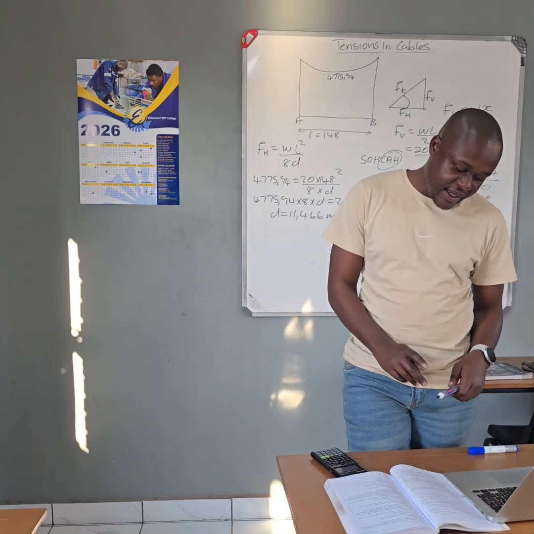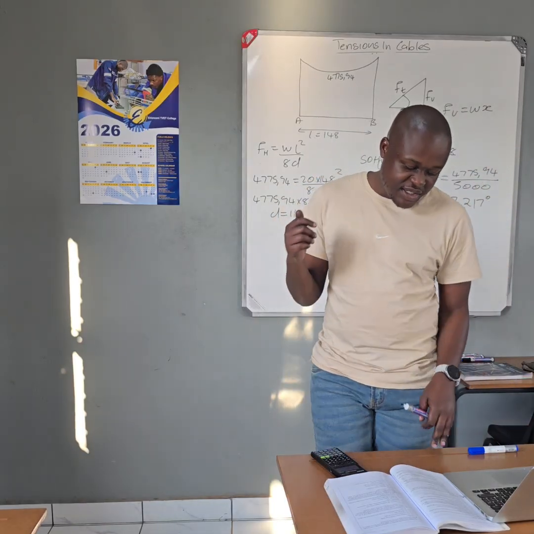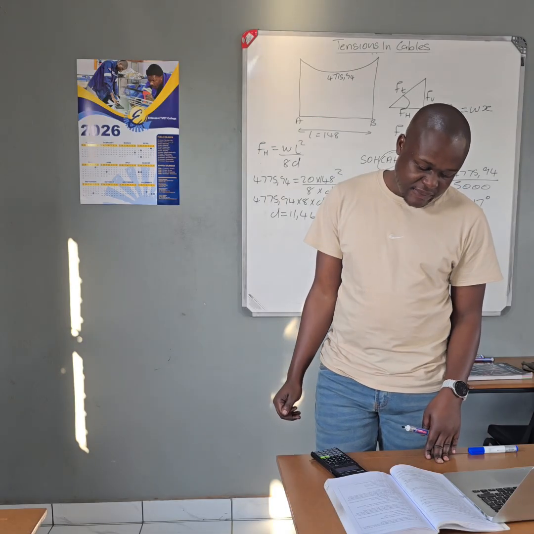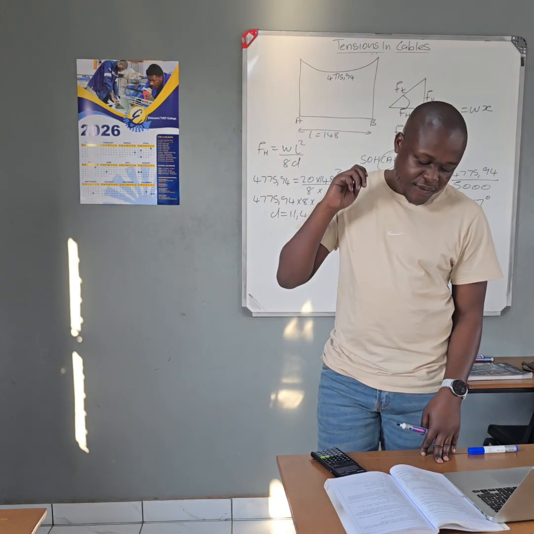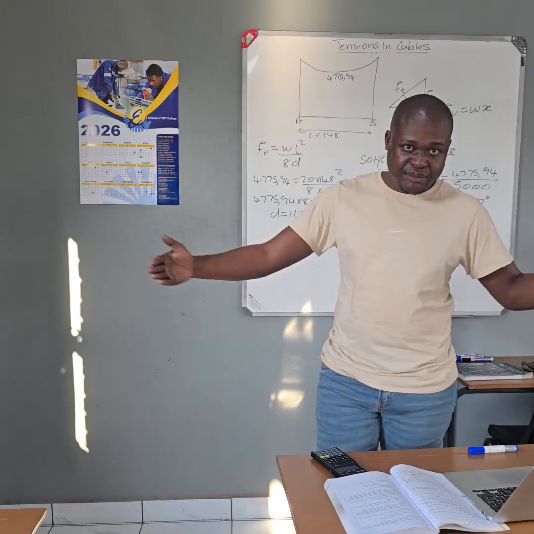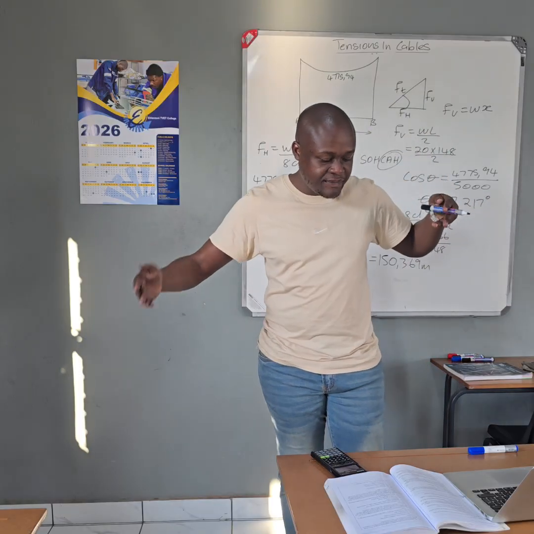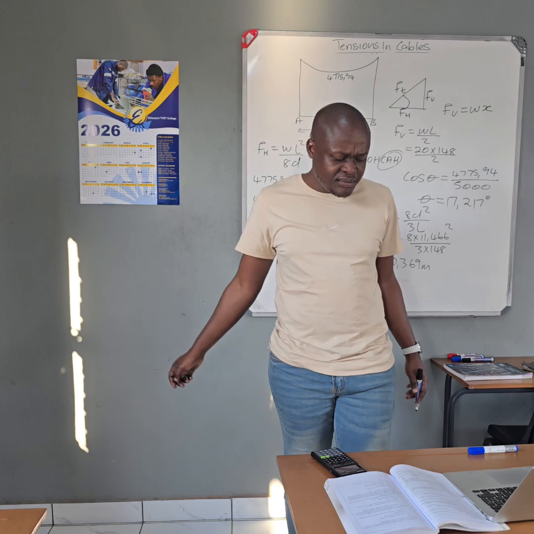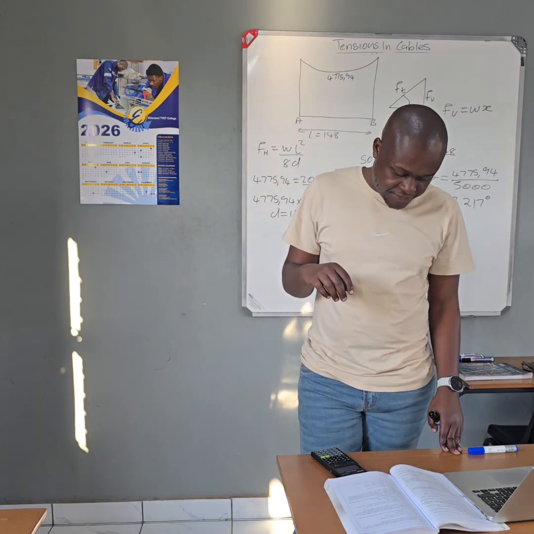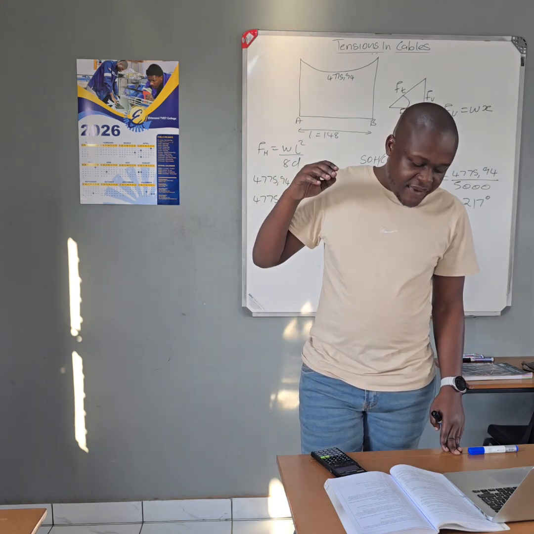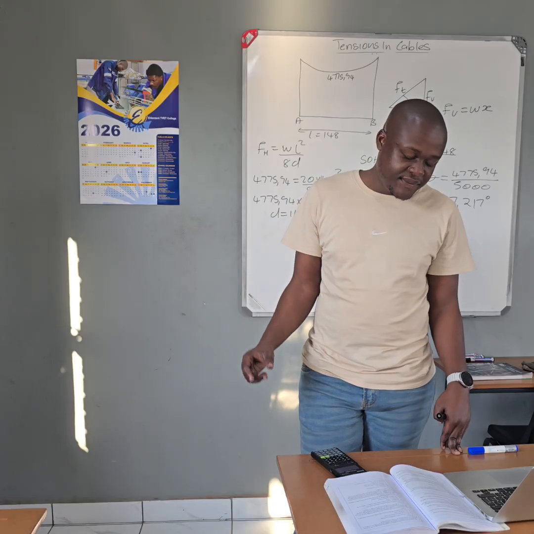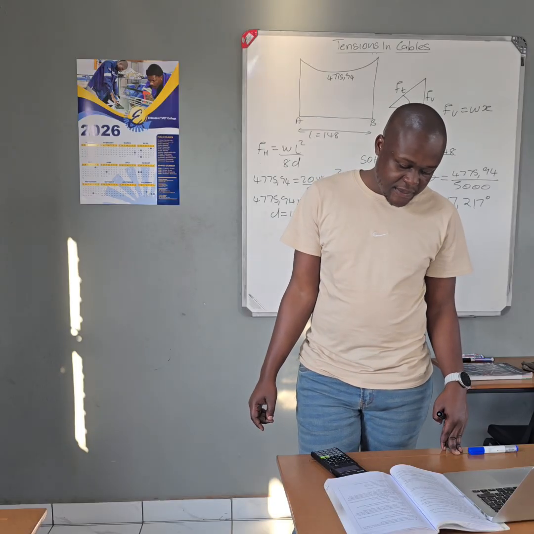So number 2 is saying the cables of the suspension bridge are suspended between two supports that are 120 from each other. So the span or the distance between the supports is 120. And the difference in height between the two supports is 7 meters.